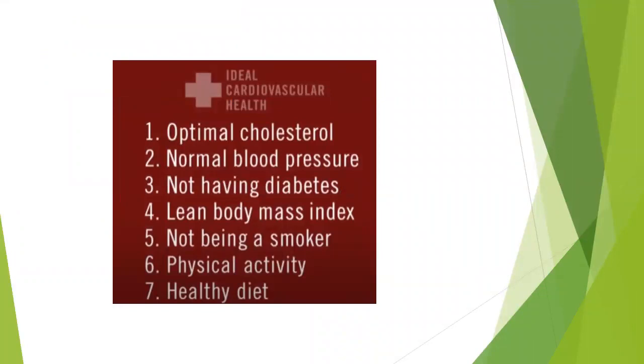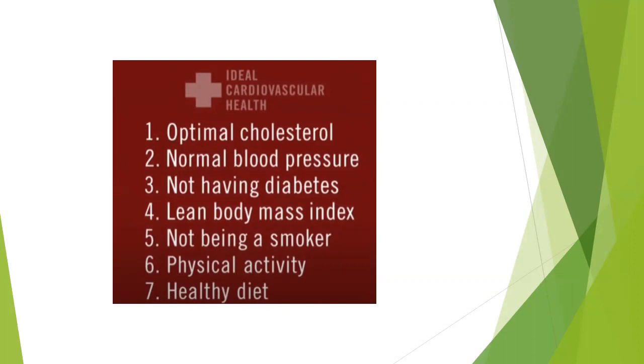So optimal cholesterol is usually going to be at the top of the list. That's going to be one of the first indicators. What do you want your total cholesterol to be under? You have HDL, high density lipid, and LDL, low density lipid.